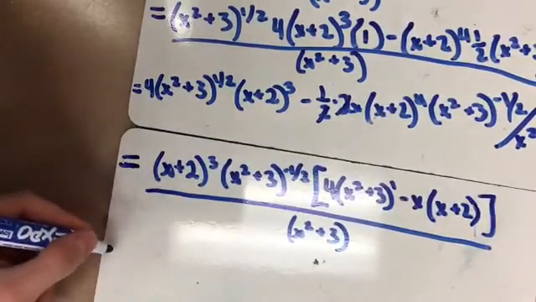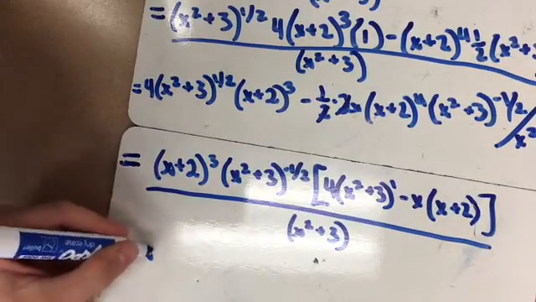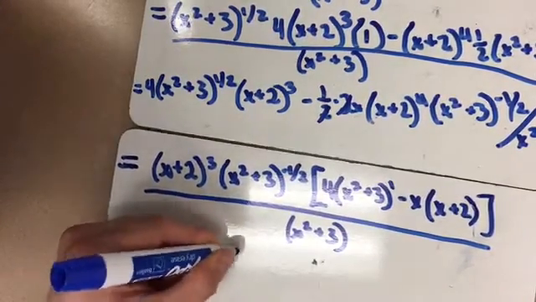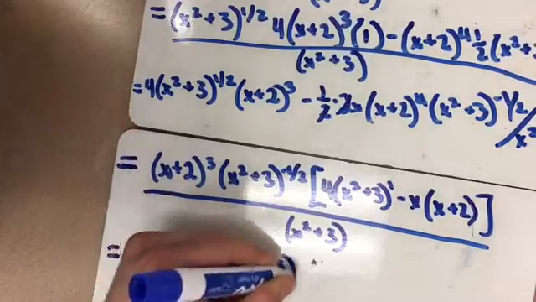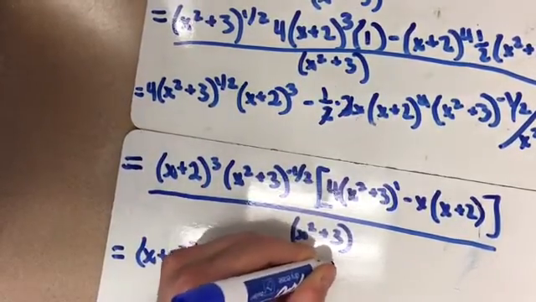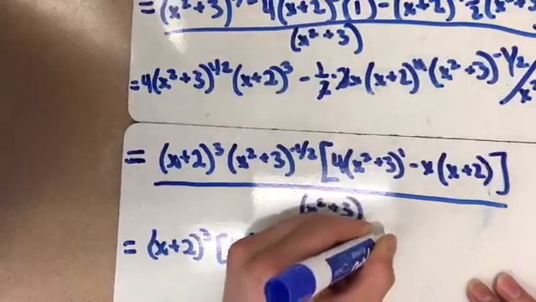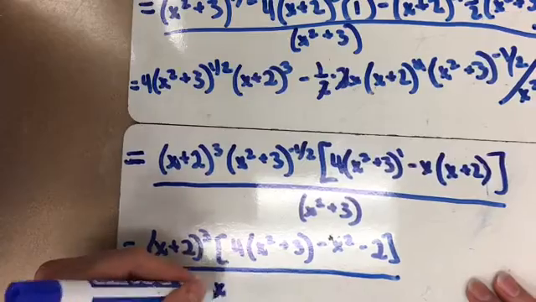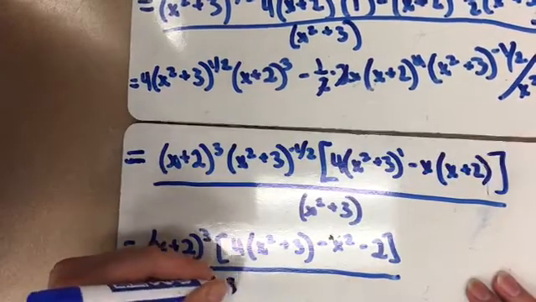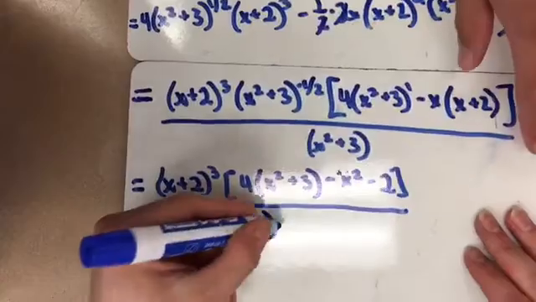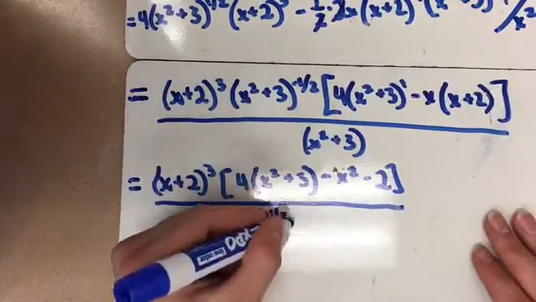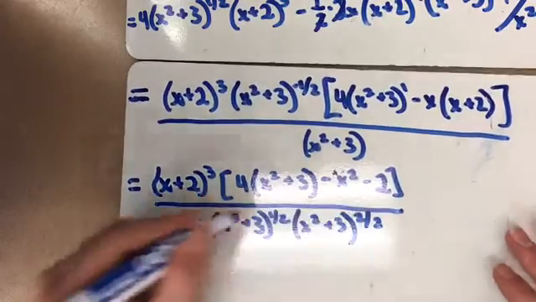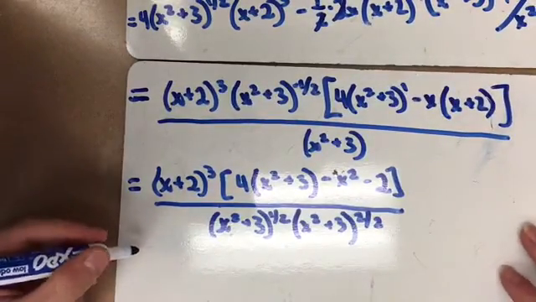Now we're going to move our negative exponent to the bottom. So in the numerator, we're left with this. And we're going to distribute the negative, all over (x squared plus 3) to the 1/2 times (x squared plus 3) to the 1, but I can make it a 2/2 because it's the same as 1.